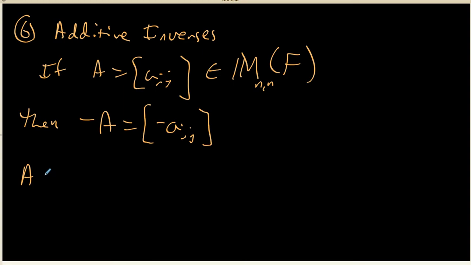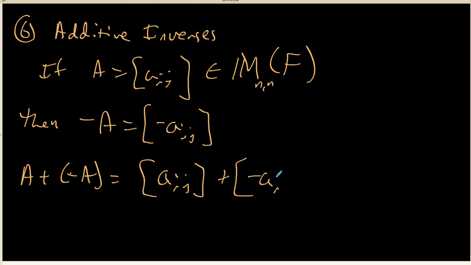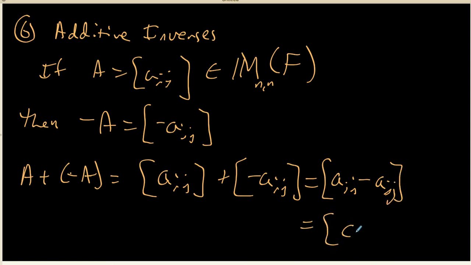It's easy to see that A plus minus A is the matrix full of aij's plus the matrix full of minus aij's, and that will be aij minus aij, and that's the matrix full of the zeros in the field, which is just the additive identity for our structure. And I want to tie this video up with just a few observations.